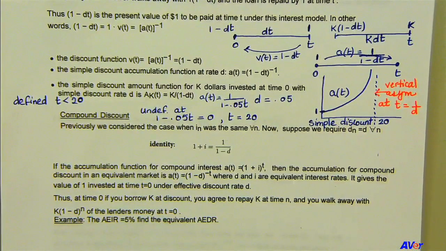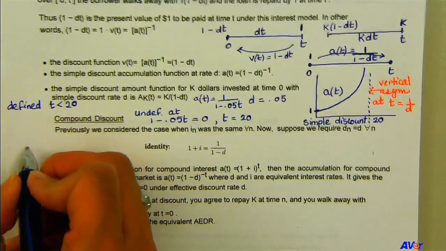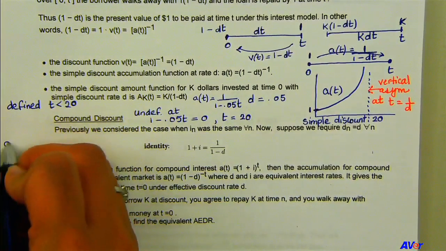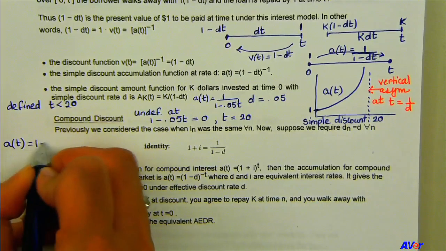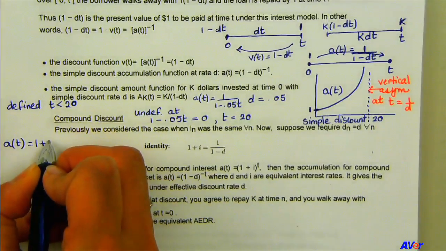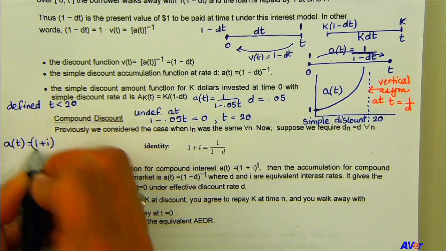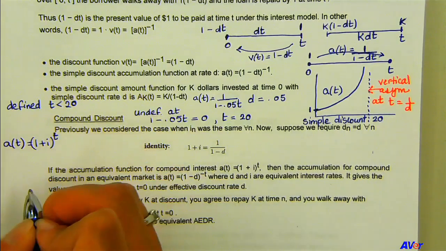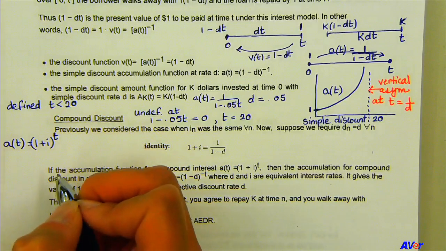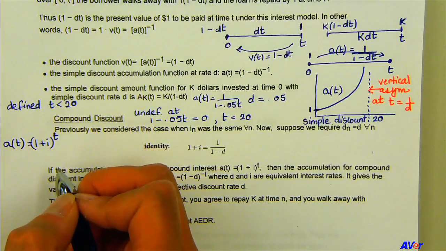Compound discount. So compound discount has an a of t equal to 1 plus i. We know that a of t is equal to (1 plus i) to the t, and I know that 1 plus i is equal to 1 over 1 minus d. Remember, I have that relationship?